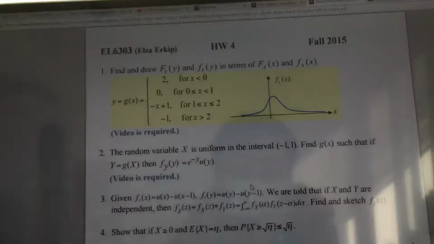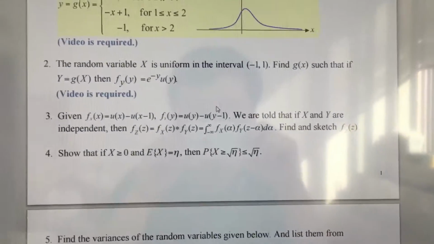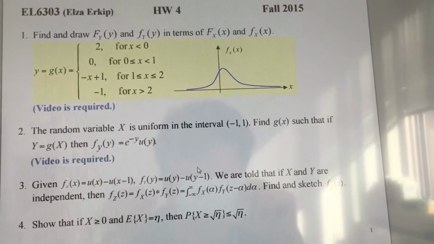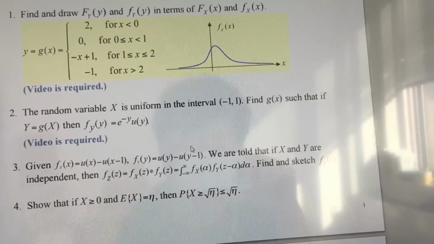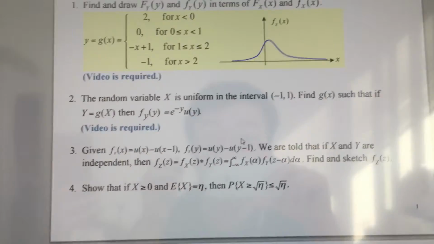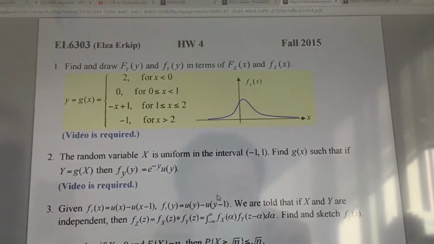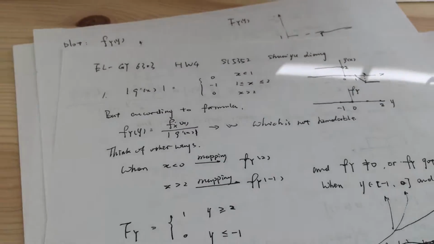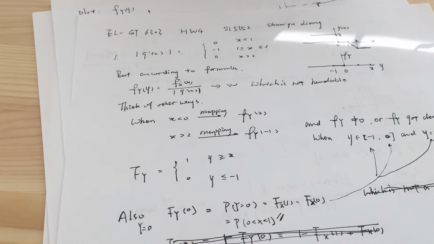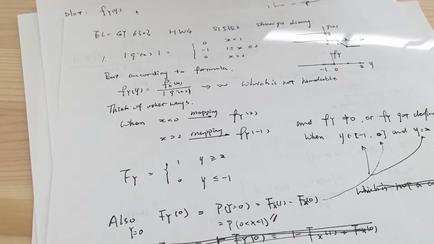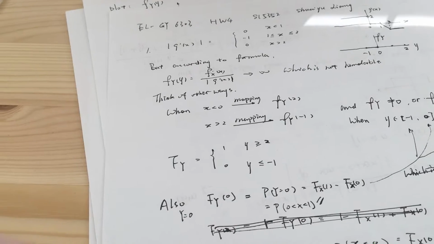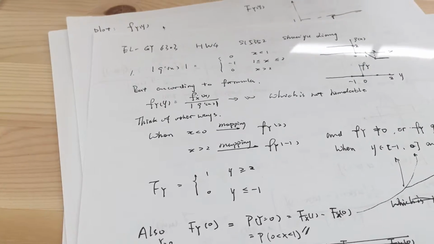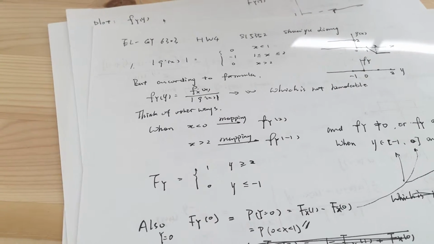So find this. First things first, we start with the fundamental theory about how to transform the probability density function from x to y. We first write the differential of g(x), that is 0, minus 1, and 0.